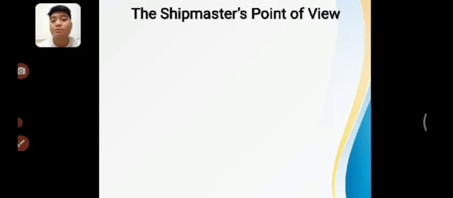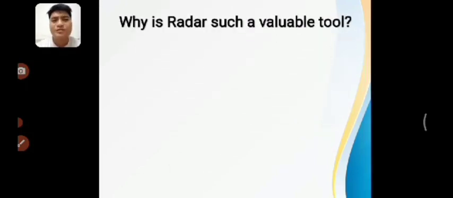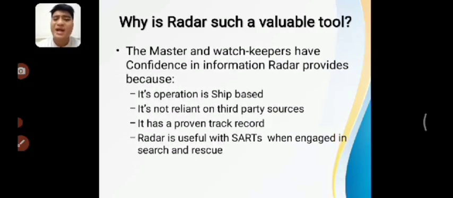The shipmaster's point of view: the key facts are that radar remains and will remain the primary system for collision avoidance, and radar is a very important tool for navigation. Why is radar such a valuable tool? The master and the watchkeepers have confidence in the information radar provides because its operation is ship-based, not reliant on third-party sources.